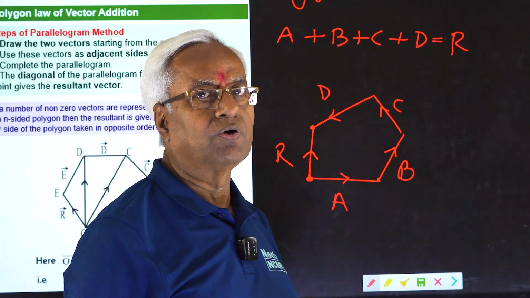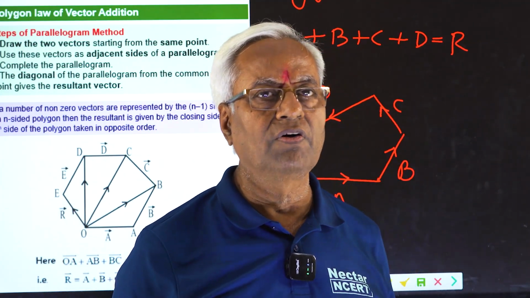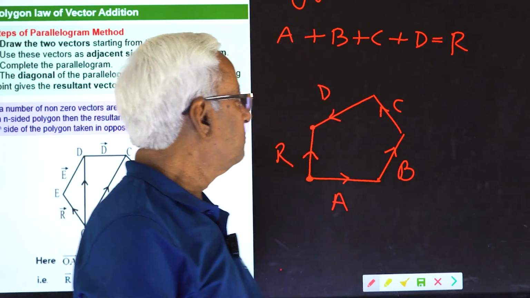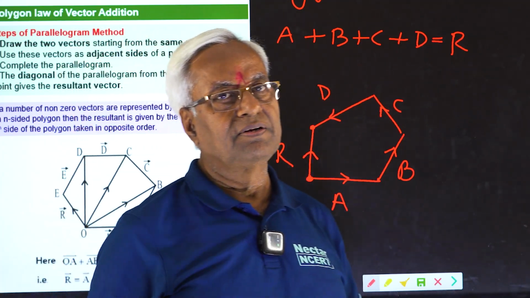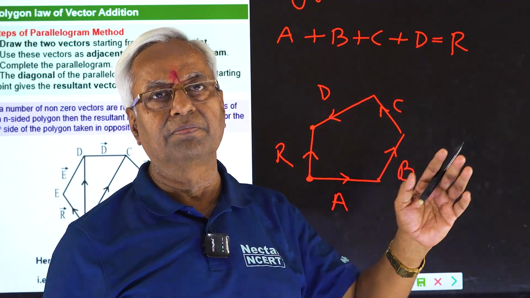This is true for 5 sides, for 6 sides, and for any number of sides. This is the polygon method. So triangle method, parallelogram, and finally polygon method for any number of vectors.